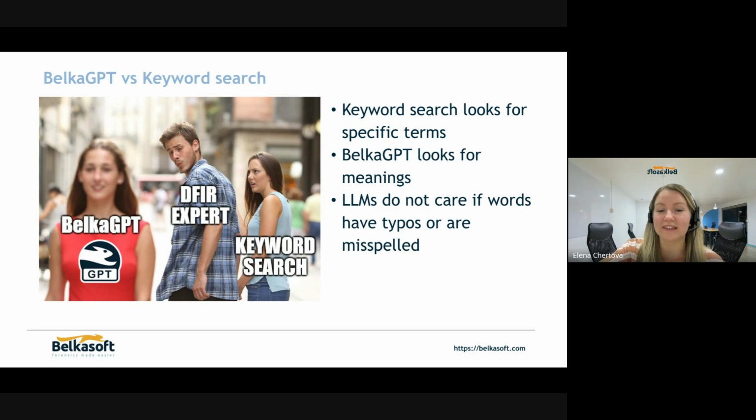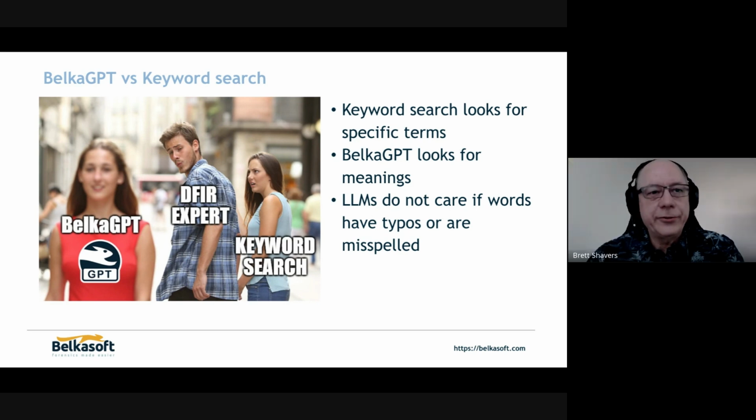And one more thing is that when typing, people mistype a lot. If there are typos in the words, a keyword search can easily miss them. Probably some keyword lists are smart enough to include all those types of typos for alarm words.